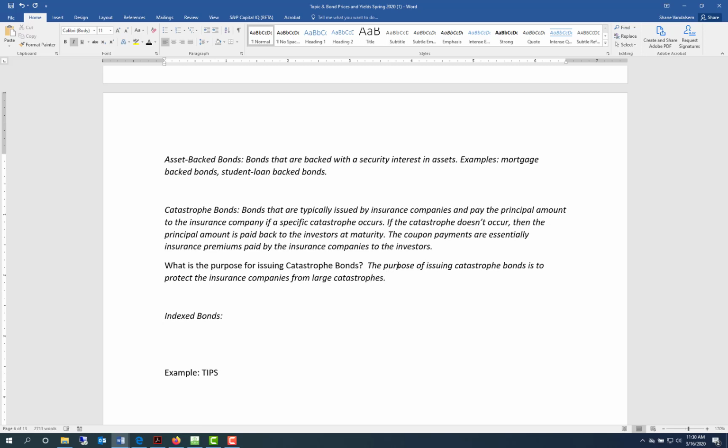An insurance company can see that they have a risk of, let's say, a large hurricane hitting Florida, and they can specifically protect themselves from this type of risk by issuing these bonds.